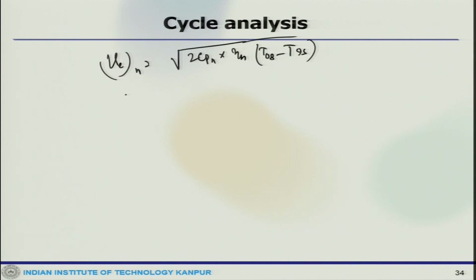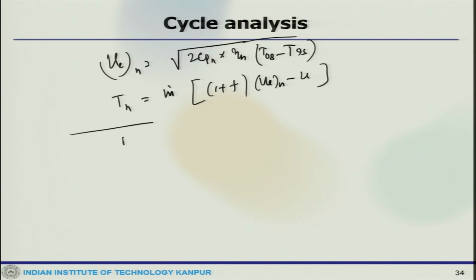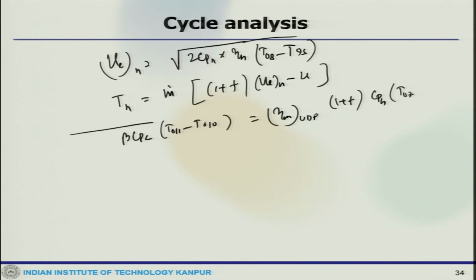Now the thrust would give us m dot times 1 plus F into Un minus u. So that you get. Then finally, the energy balance would give us beta CPC T011 minus T010 equals eta m unducted fan, 1 plus F CPH T07 minus T08.